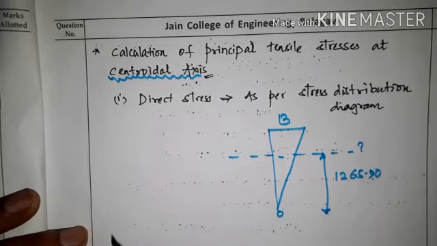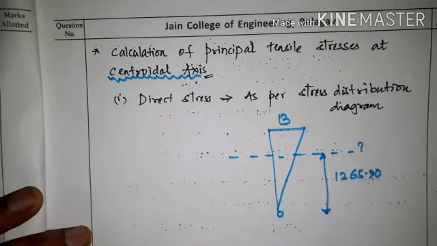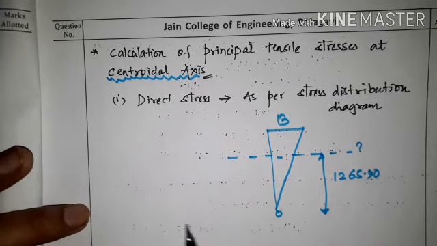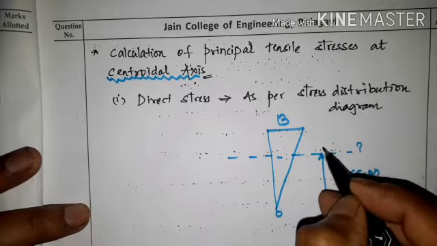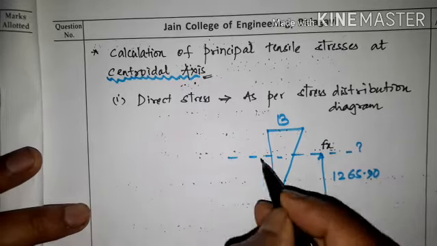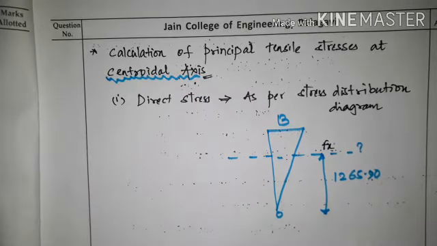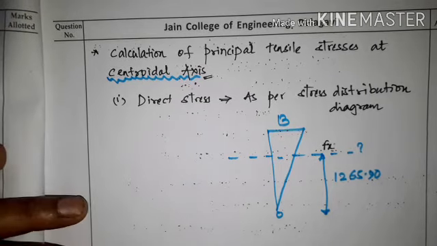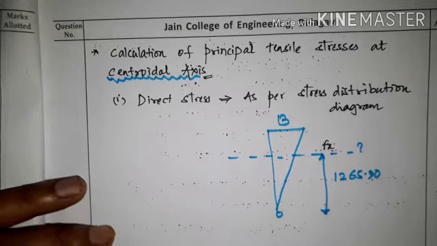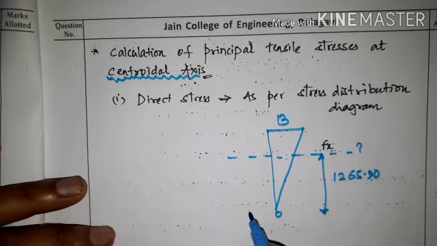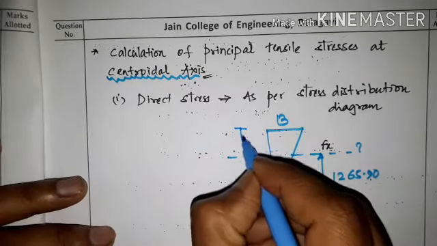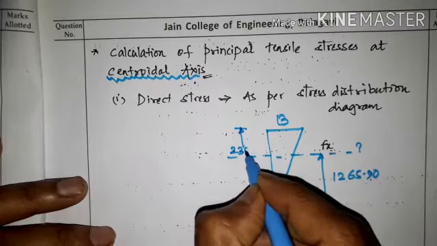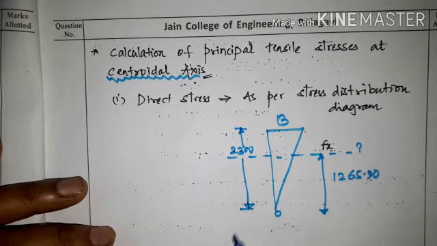So here I'll note it as Fx, because we have to find out the direct stress at this level. So again by the similar triangles, the total depth of the beam is 2300.